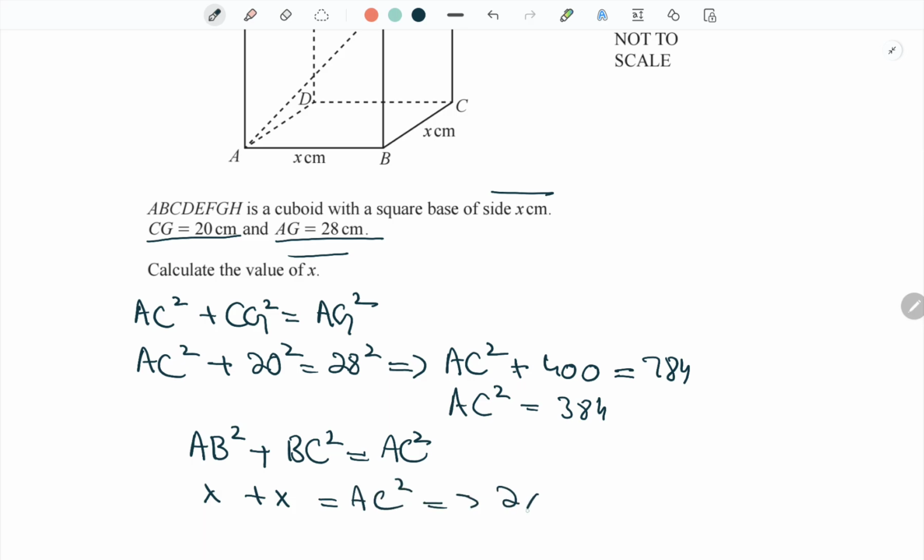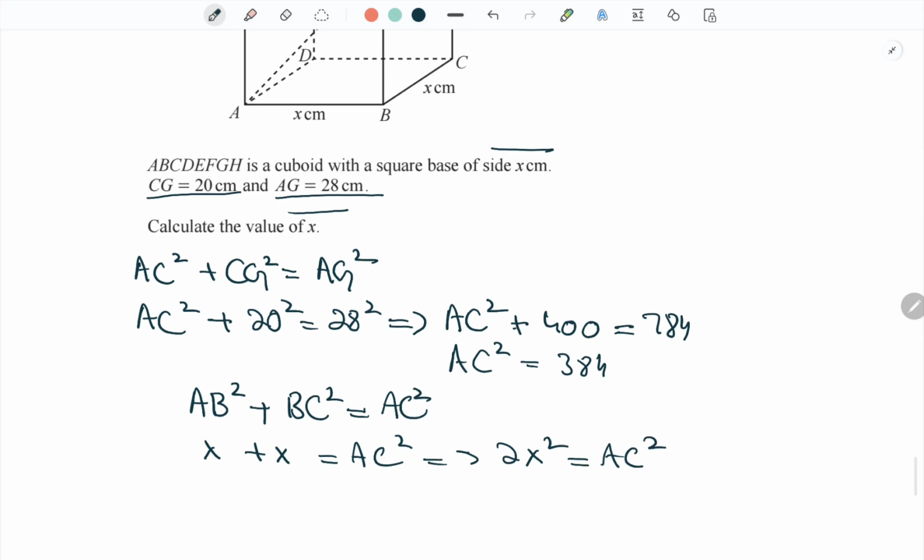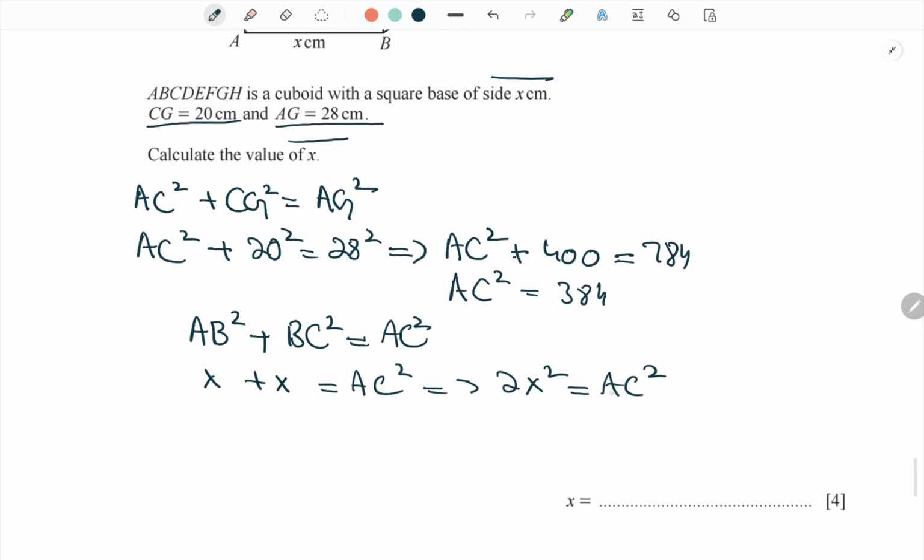So we get 2x square equals AC square, right? Now we substitute the value of AC square. So we have 2x square equals 384, right? And x square equals, we divide 384 by 2, so we get 192.